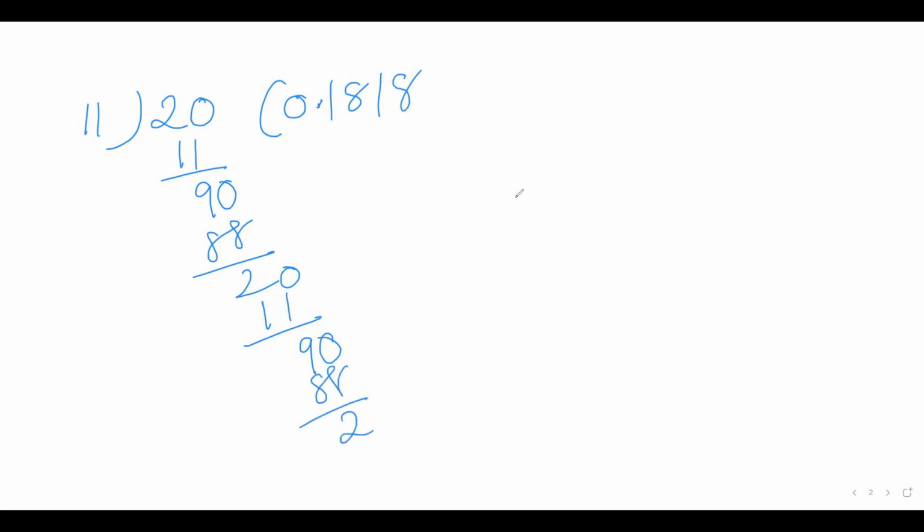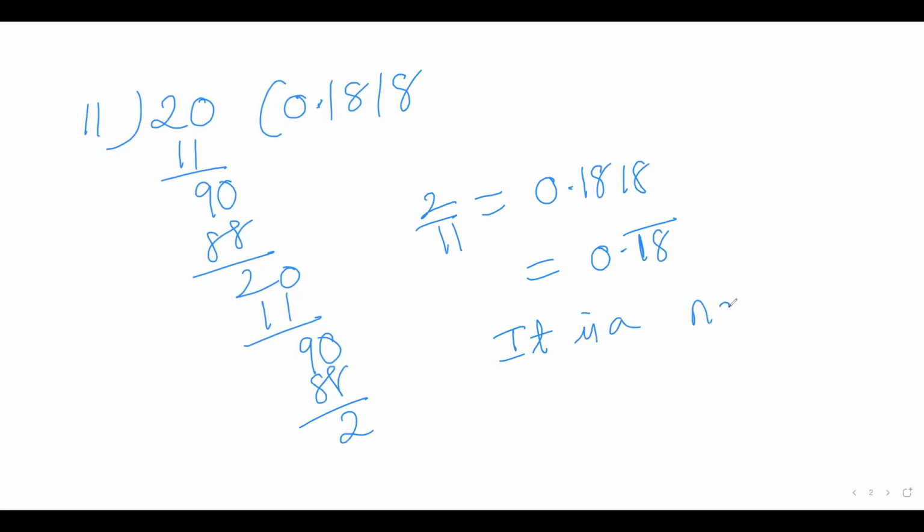So we are actually getting 0.1818. So 2 by 11 is equal to 0.1818, which is nothing but 0.18 bar. It is a non-terminating repeating decimal. That's it.